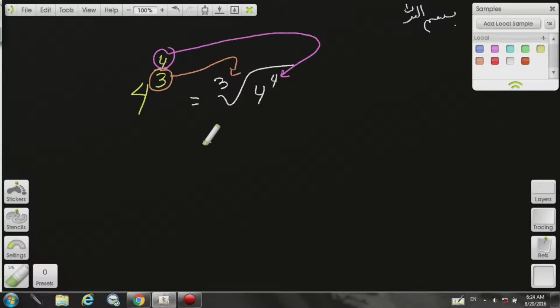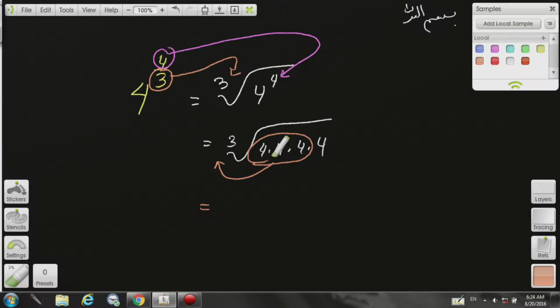Now the third root of 4 to the 4th, that's 4 times 4 times 4 times 4. That means 3 of these can come out as 1, because that's what the cube root means. You take that out as 4, that's the cube root of 4. So this can be simplified to this.